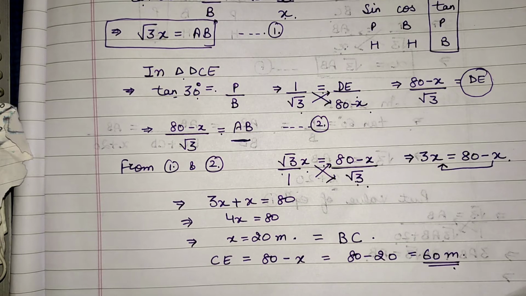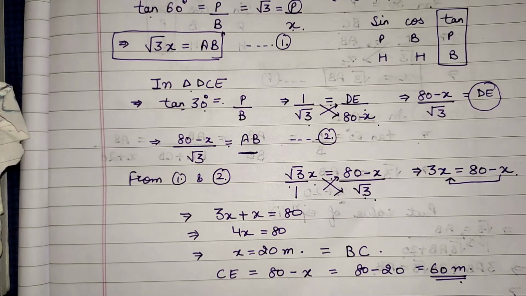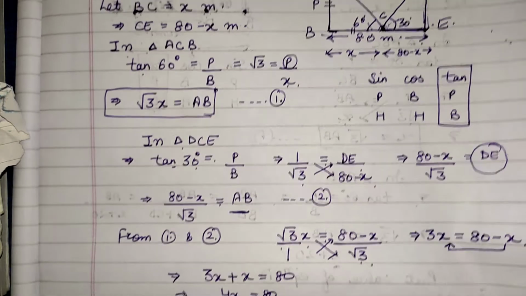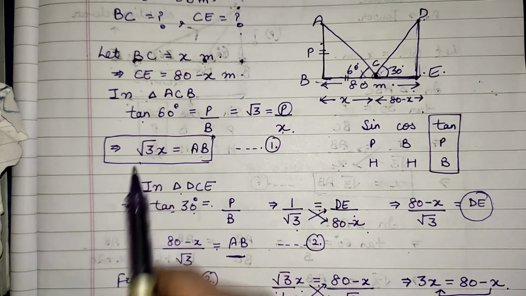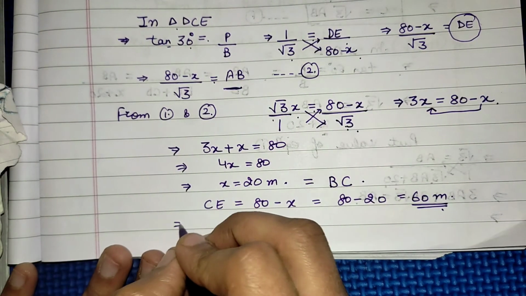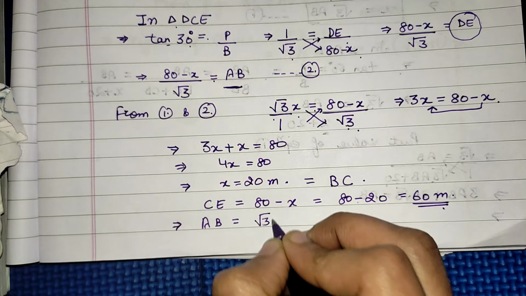Okay, these are the two things which I had to find, right? Next I have to find out the height of the poles, and the height of the poles is AB, which is equal to root 3x.